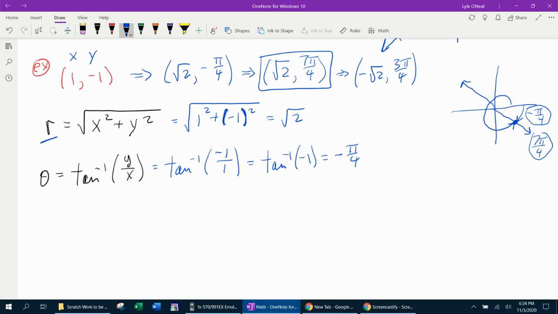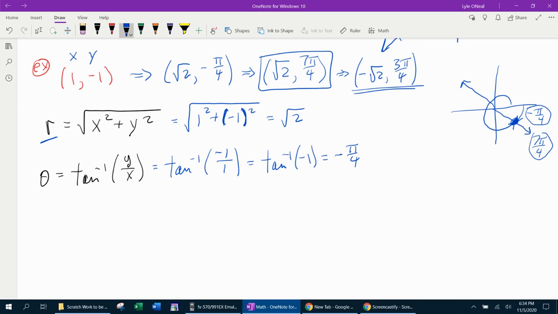That's in quadrant 2. But since the radius is negative, that says go away from that direction. Okay, so since the radius is negative, that tells us to go in the opposite direction of 3 pi over 4, which would still plot in the same spot. So this is also correct.